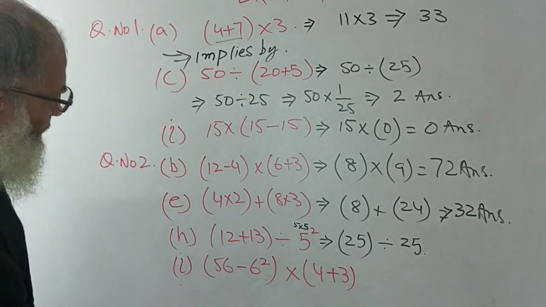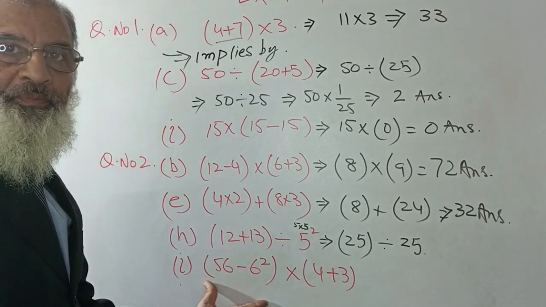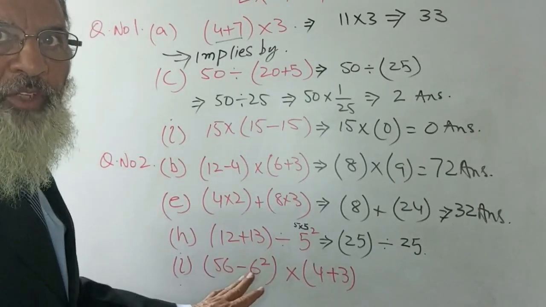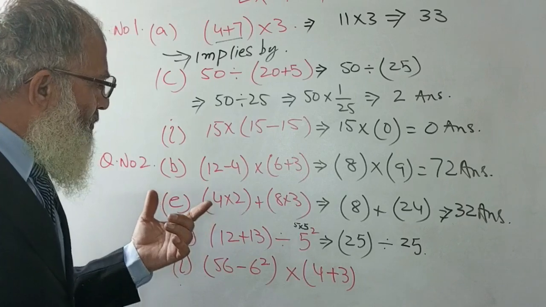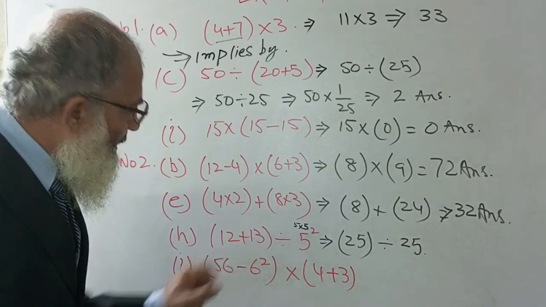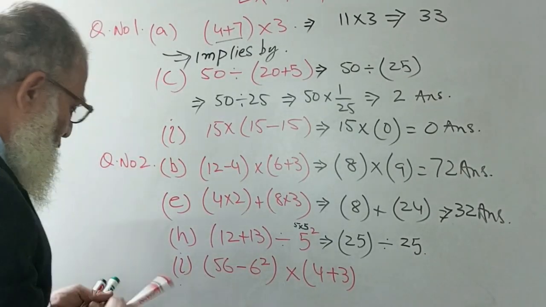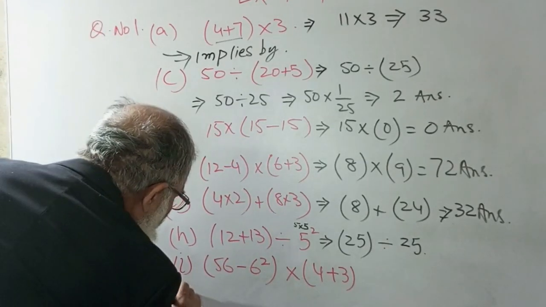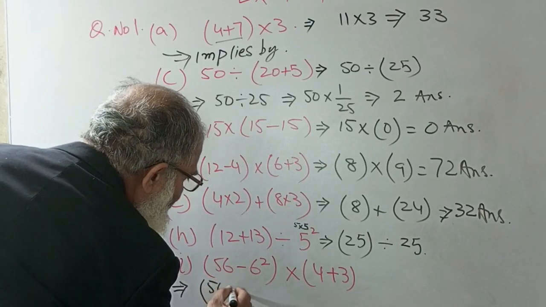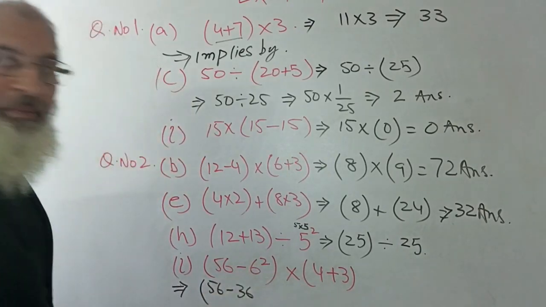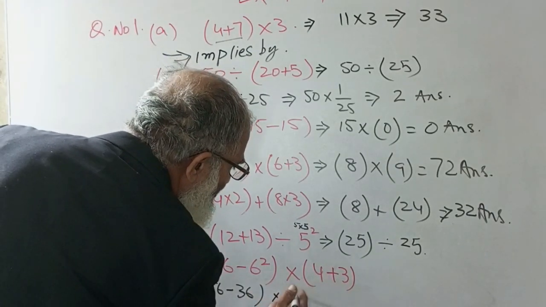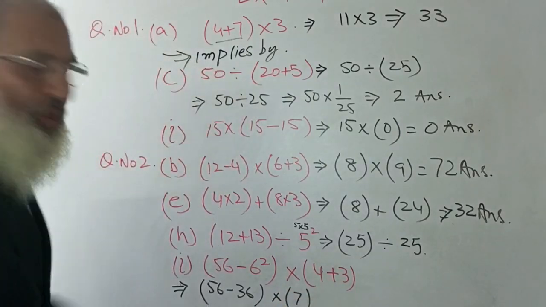So dear students, you see in the bracket there is one power we have come up with now. Before proceeding to the bracket, we have to solve the power. So what we do, we just put an implies by sign over here, then 56 minus 36, 6 times 6 is 36, and then you can proceed over here. You can also solve this.